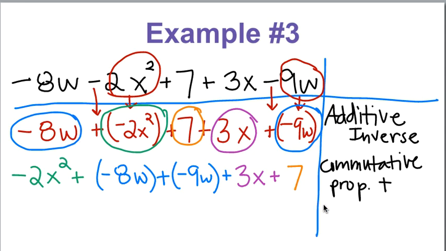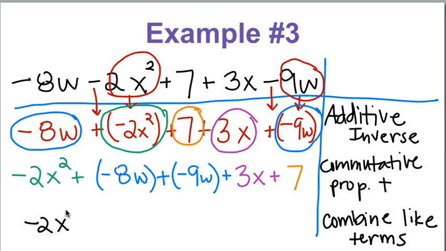So my final step is going to be to combine like terms. I don't have anything like my x squared, so my negative 2x squared stays that way. For my w's, I have negative 8 plus negative 9. This is where if you're struggling with your integers, it's going to get you.